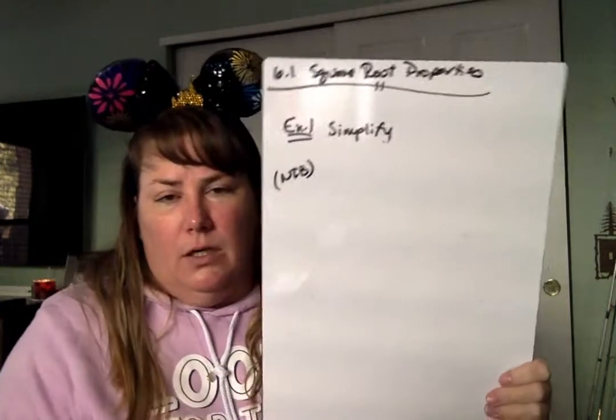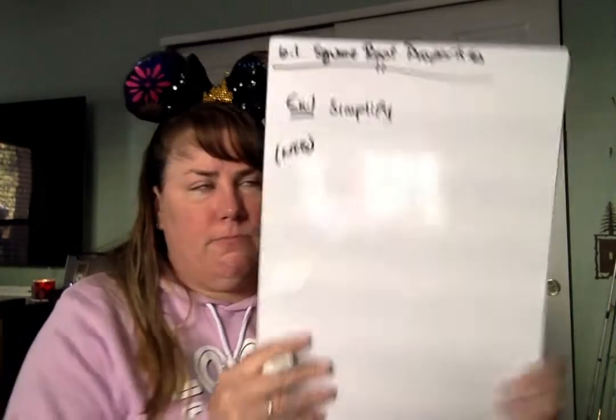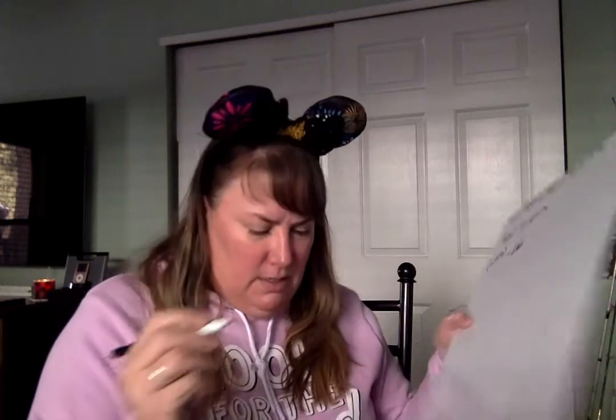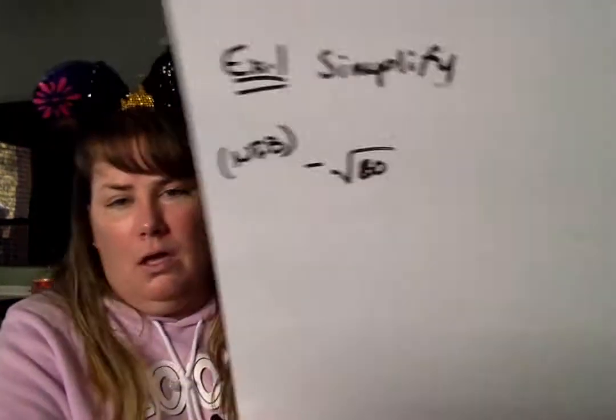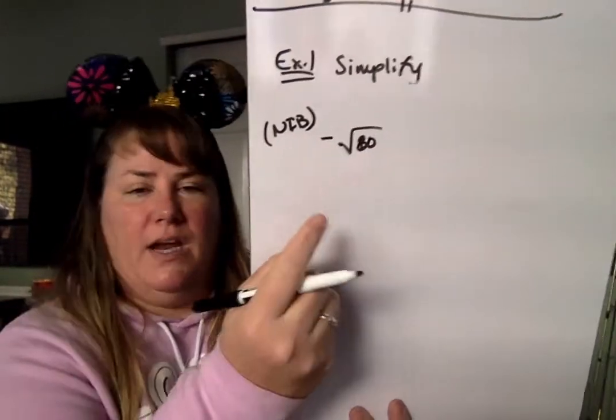So let's simplify the opposite of the square root of, I don't know. How about, what numbers are in here? How about 80? Actually, that's in the book. So the opposite of the square root of 80.